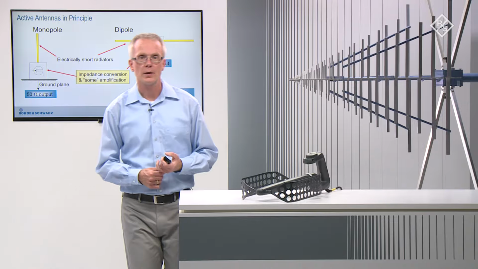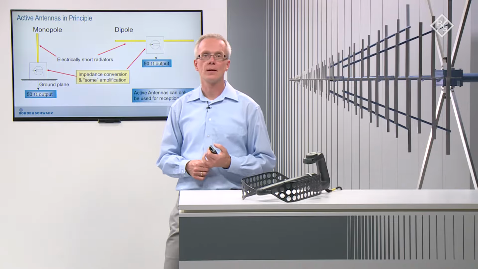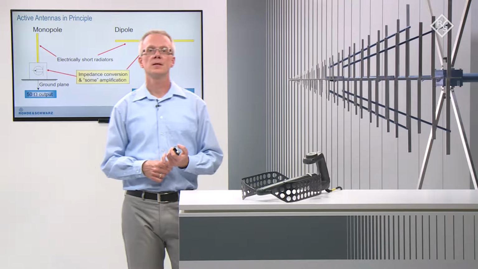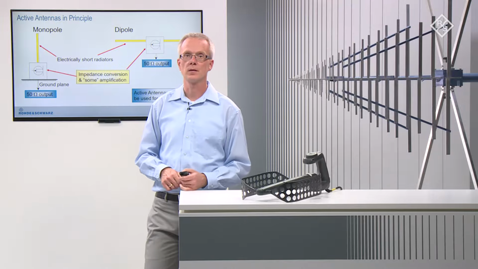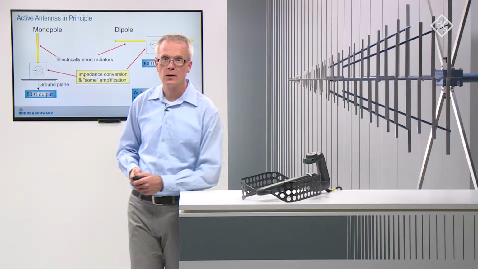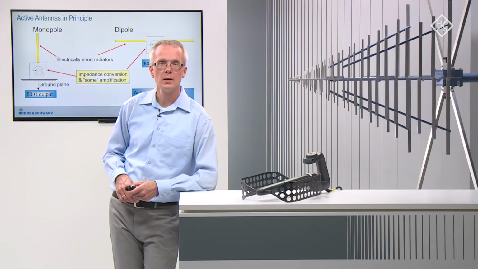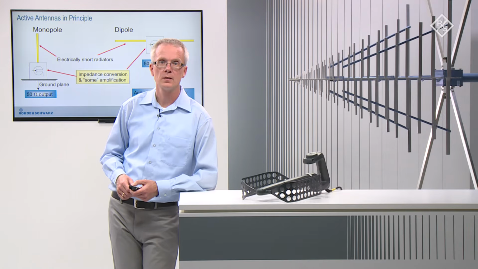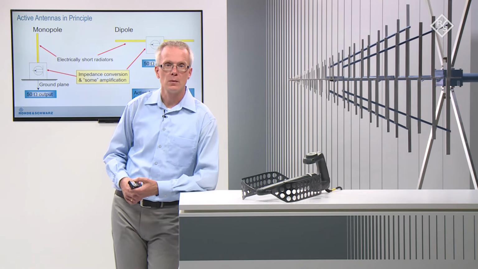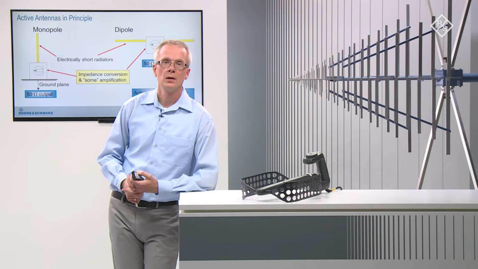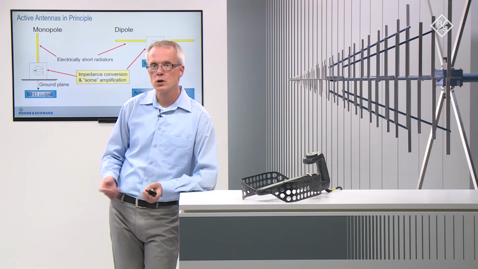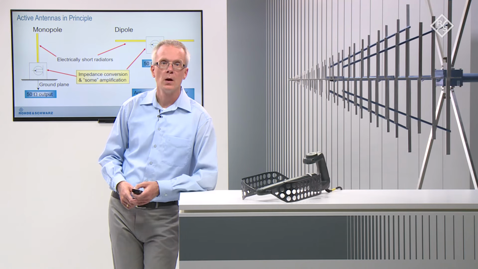In the second part, it was already discussed that the length of the antenna radiator has a significant influence on the impedance. For active antenna, this influence is compensated by connecting the short radiators directly to a very high impedance active component. This active component, which can be a field effect transistor, acts primarily as an impedance converter and also amplifies the signal.